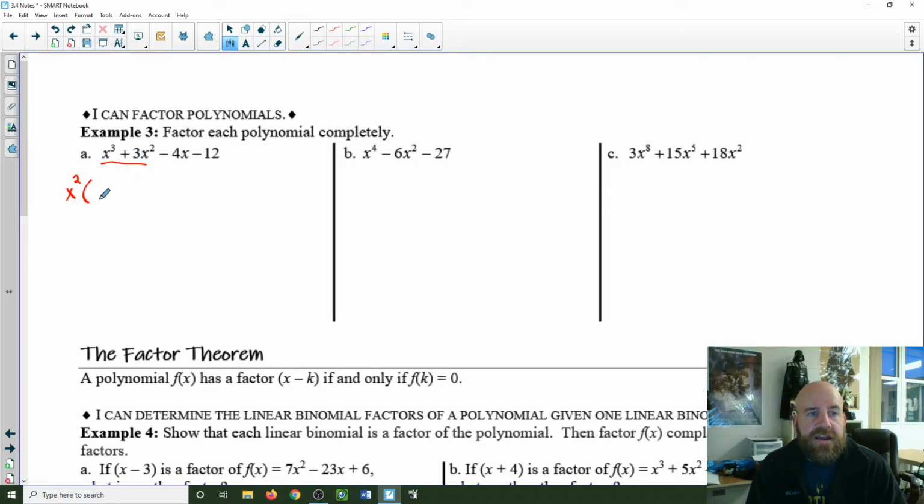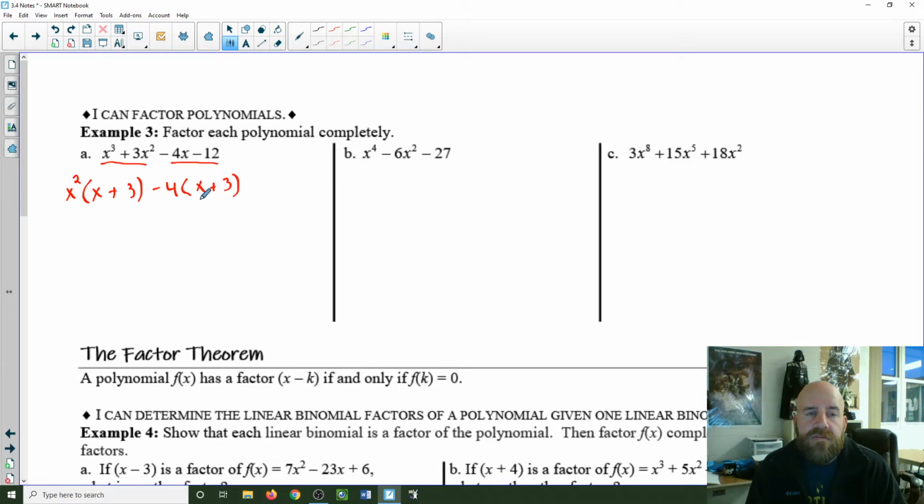We divide out an x squared, so we're left with x plus 3. We do the same thing with the second 2 terms. We can take out a negative 4, and we get x plus 3 left.